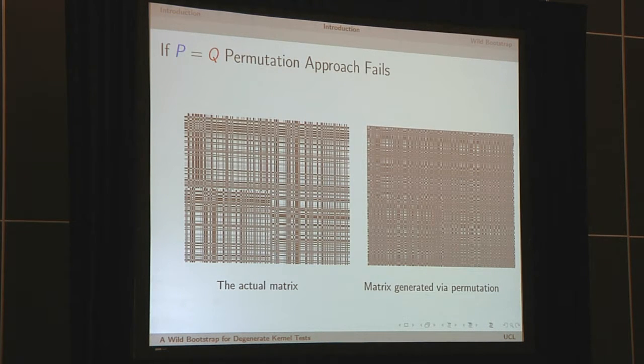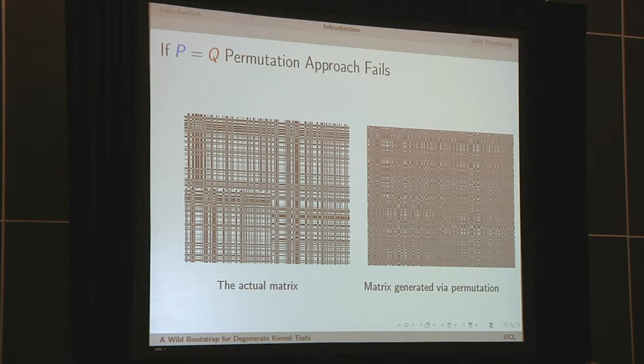Indeed, on the left-hand side, you can see the actual matrix when P is equal to Q, and on the right-hand side, you can see the effect of multiplying this matrix by the permutation bootstrapping matrix. So we do lose some information that you can visually see. We do lose this blobby structure.